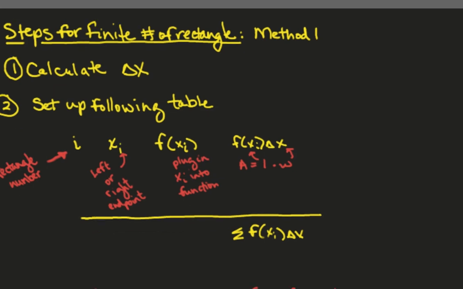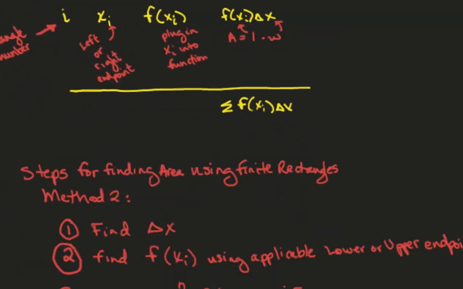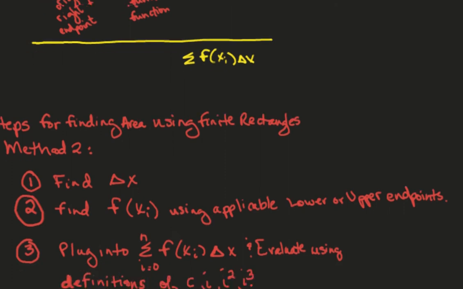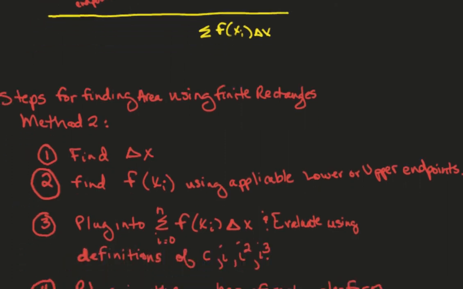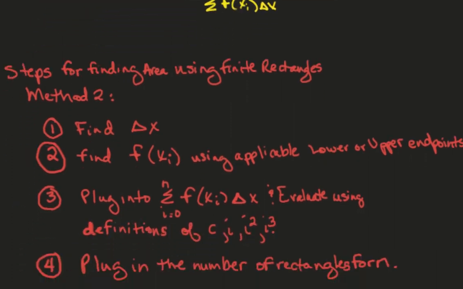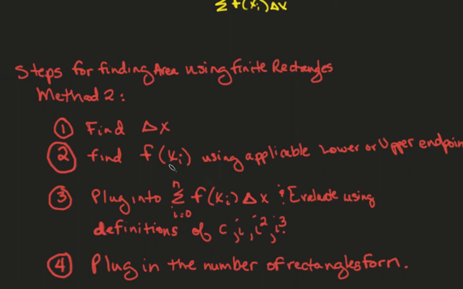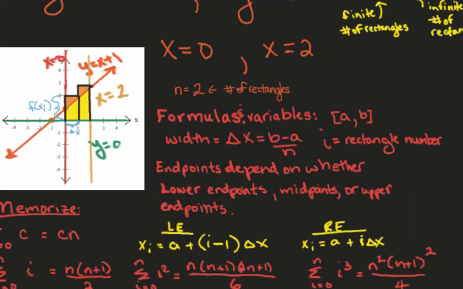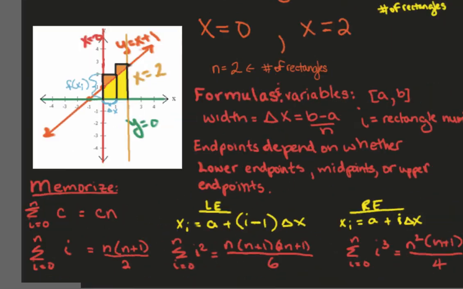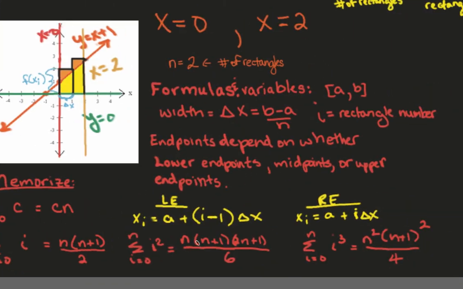Okay. For differential calculus, the science-based calculus, what you're going to have to do is just like the other method. First find delta x, then find your f of x sub i using the applicable lower or upper formula shown here in yellow down here. So is it lower? Is it i minus 1, or is it upper, i?